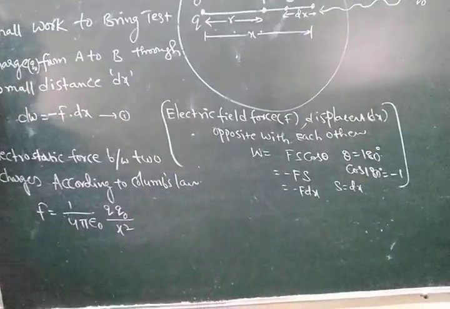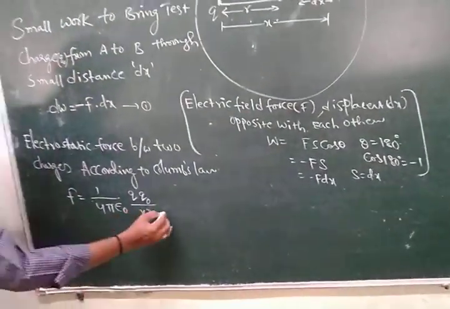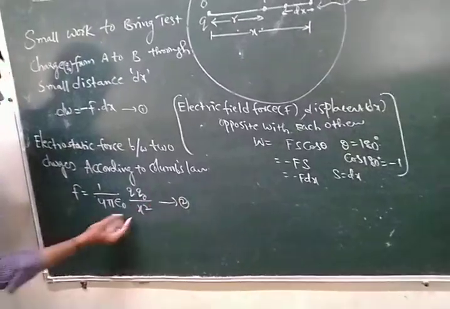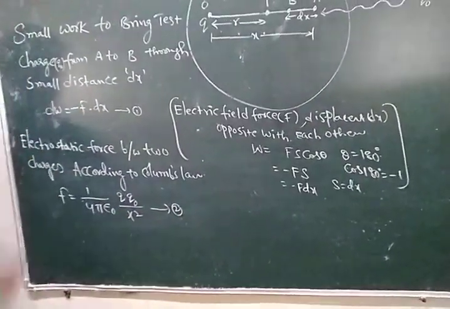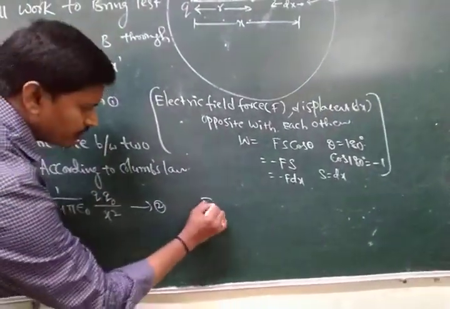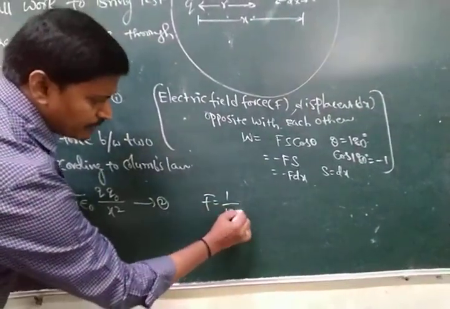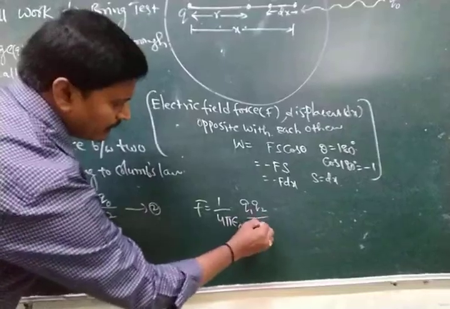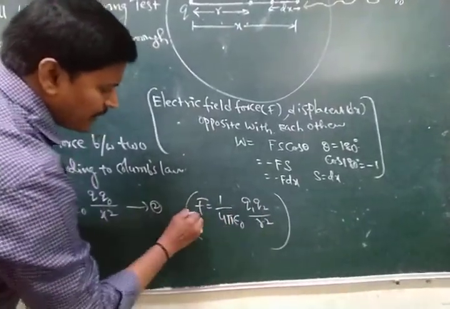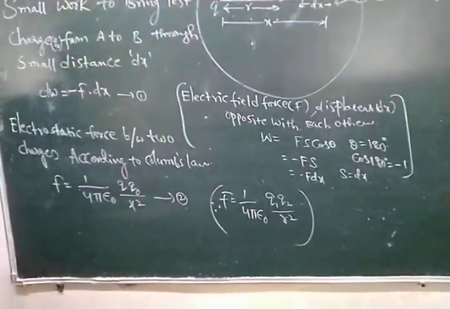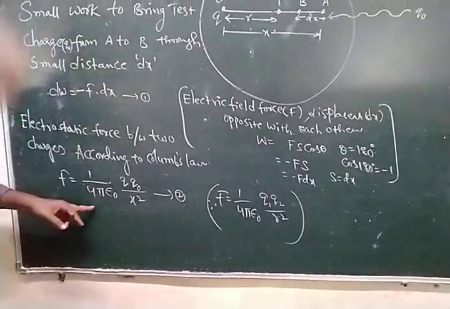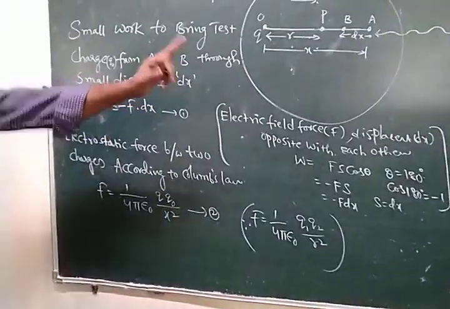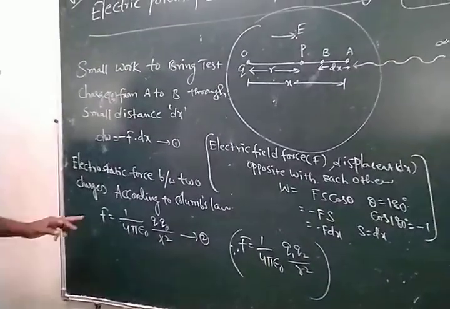So according to our formula, 1 by 4 pi epsilon naught into Q1 Q2 divided by R square, we can apply. So this is the electrostatic force between two charges.